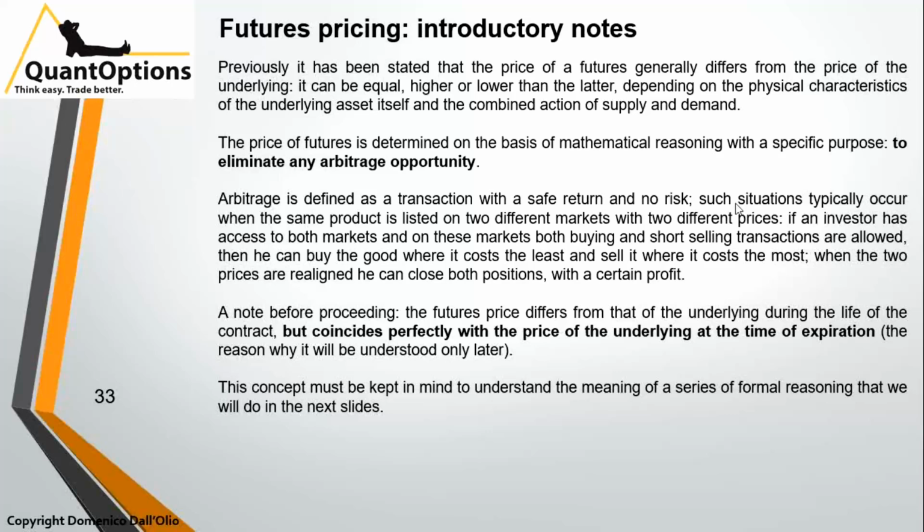In the moment that the market realizes the misalignment between the two prices, it could either happen that the price on the New York Stock Exchange increases, the price on the Italian Stock Exchange decreases, or both at the same time. No matter the direction of the change, in the moment that the two prices realign, you have a gain on one side and another gain on the other side with zero risk.